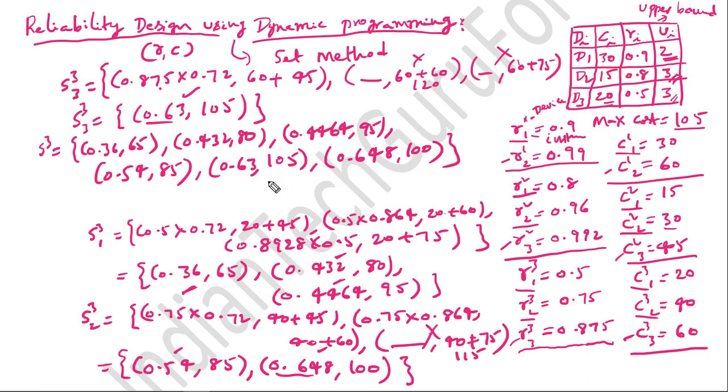However, if you observe here, it is following the dominance rule. 0.63 is less than 0.648, but 105 is greater than 100. So which ordered pair we need to discard? This particular ordered pair we need to discard. So this ordered pair will not be there in the finalized tuples of S power 3. So how many are left? 1, 2, 3, 4, 5. 5 tuples are left.